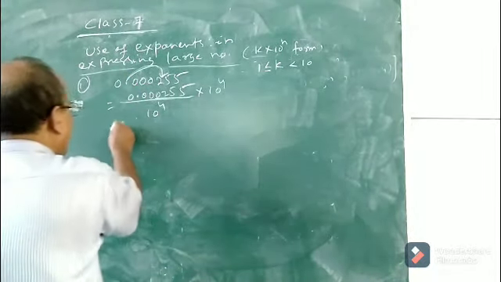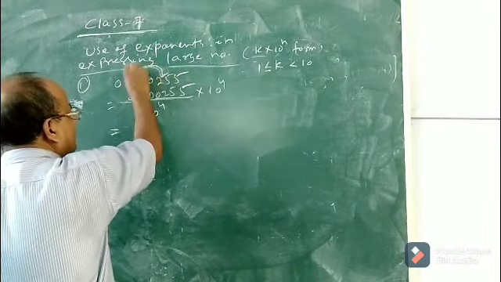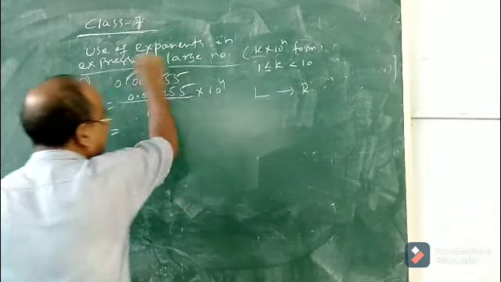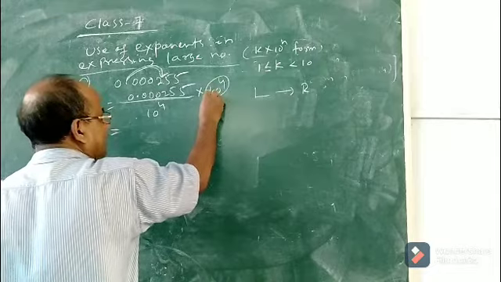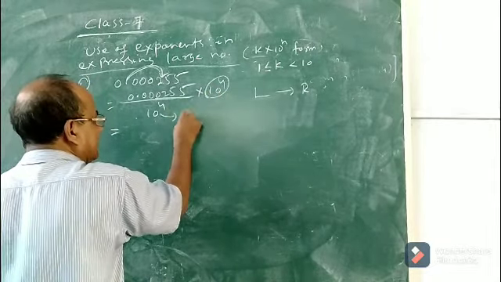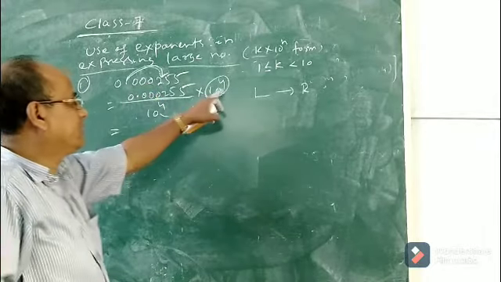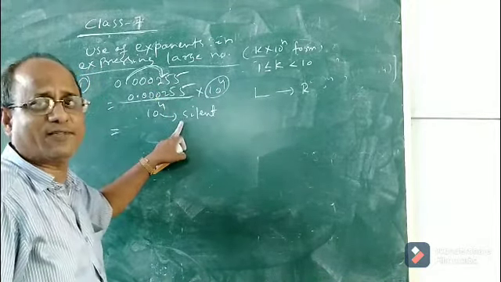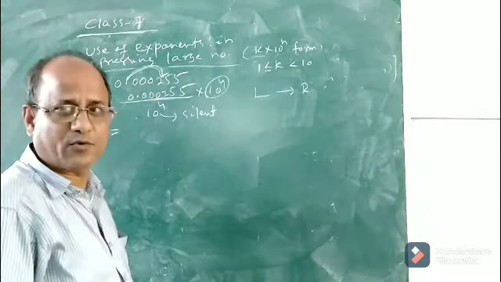Now see children, when the decimal point is shifted from left to right, this number will be multiplied and this will be silent. This 10 to the power 4 will be multiplied here and this will be kept silent. Why? Because the point is shifted from left to right.